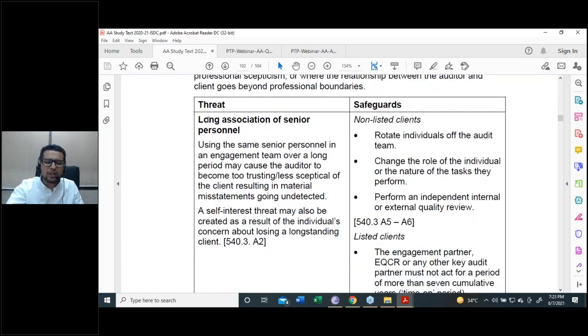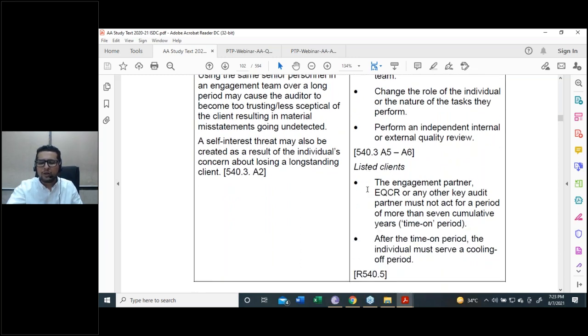If there is a very long association of the partner with the management, you need to rotate that individual staff from the audit team. You should make sure that they are not involved. The engagement partner or engagement quality control partner or any other key partner must not act for a period of more than 7 cumulative years. So there is a maximum limit.